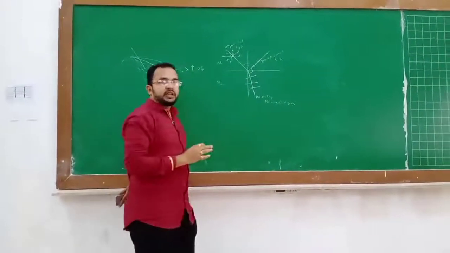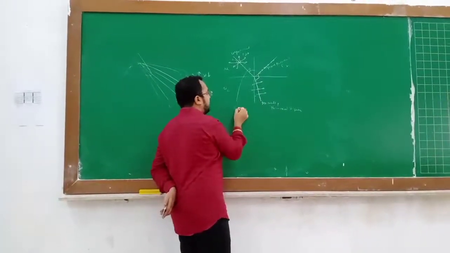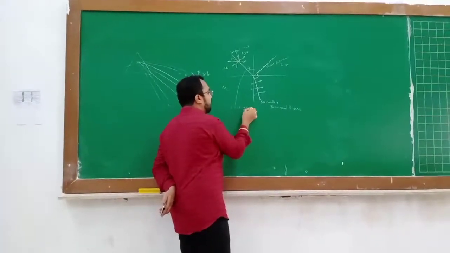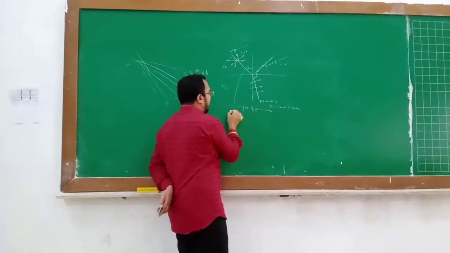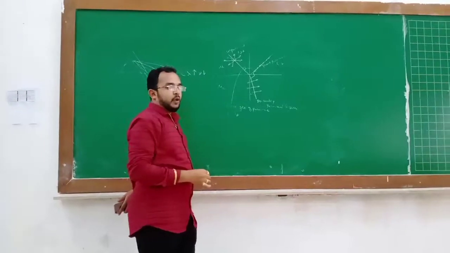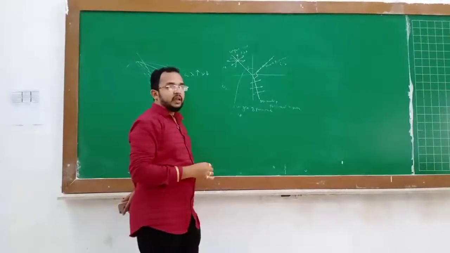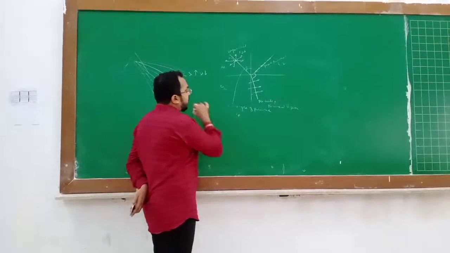During this condition, the angle of incidence I is called the angle of polarization, which is nothing but tan inverse of mu. We saw the proof of this, okay.